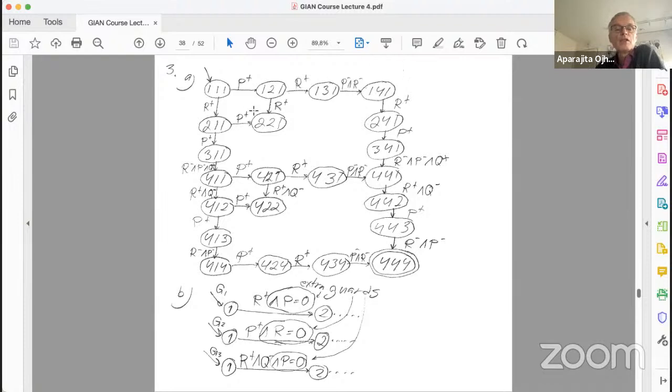Otherwise, you could say that just skipping these states, the remaining automaton here is actually a supervisor, it can act as a supervisor.